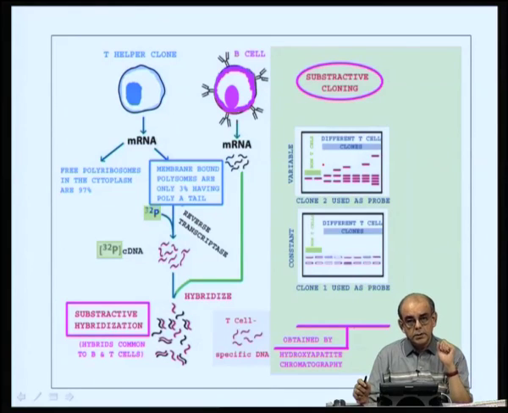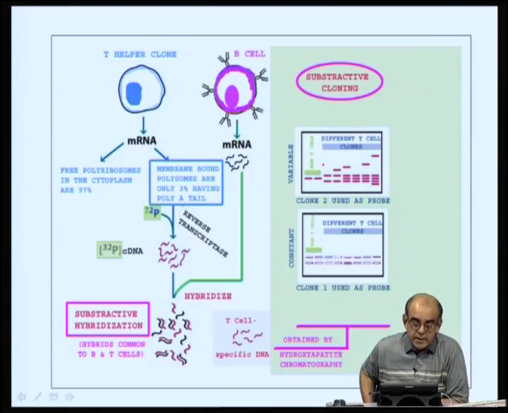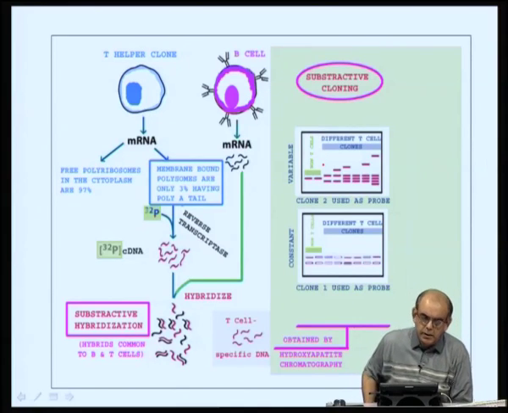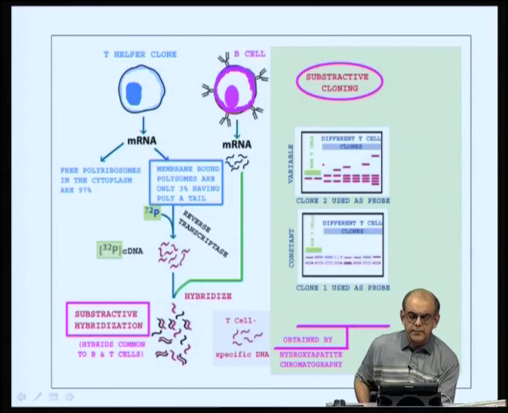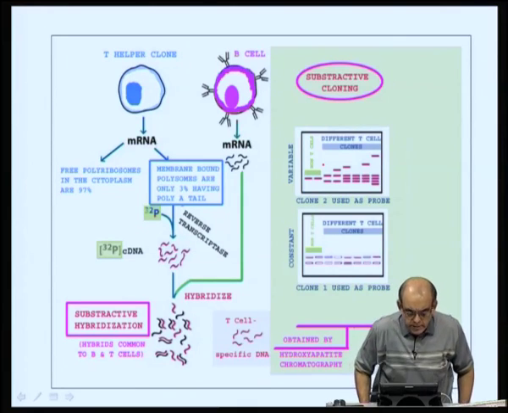So, coming now to the discovery of the T cell receptor genes. What was done was they had clones that had been established, as I told you earlier, hybridoma clones. These are called T helper clones that were cloned from T cells.